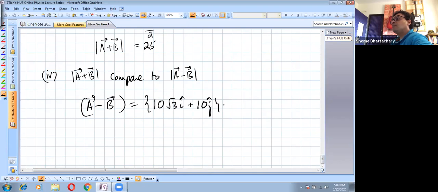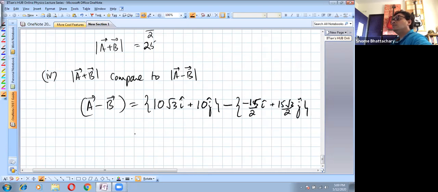But this time we are doing minus of minus 15 by 2 i cap plus 15 root 3 by 2 j cap.